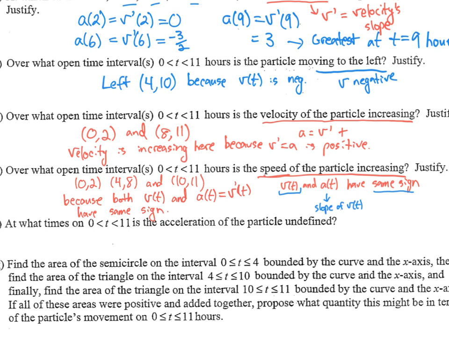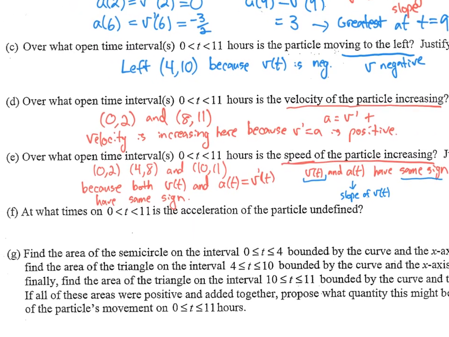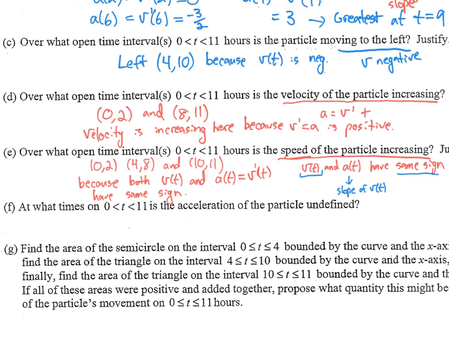Okay, and then in part F, at what times is the acceleration of the particle undefined? So the acceleration, again, is the slope of velocity. So we're looking for where the slope of velocity is undefined. That's basically going to be places where we have points of discontinuity, or points of vertical tangent lines, or any cusps.